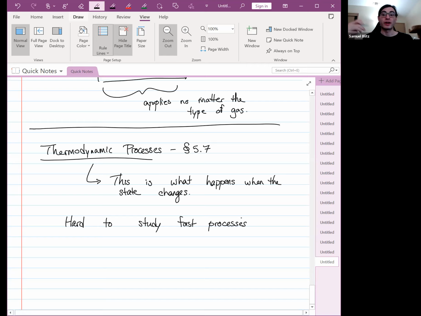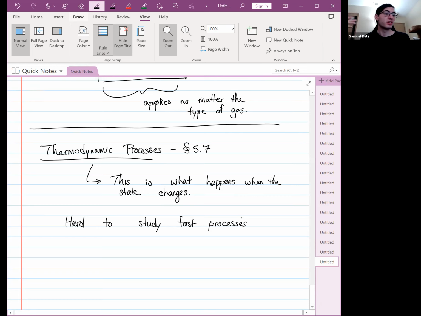They're going to mix very quickly, and that is a hard process to study. I don't want to give away the ball game, but it boils down basically to solving the Navier-Stokes equation that I mentioned a few lectures ago. So we're not going to do that.